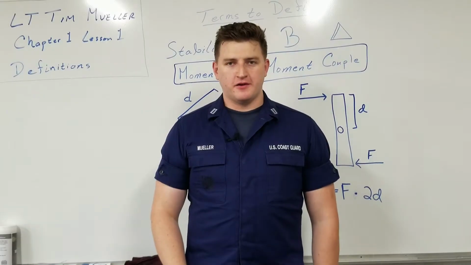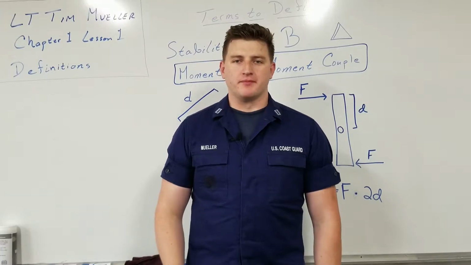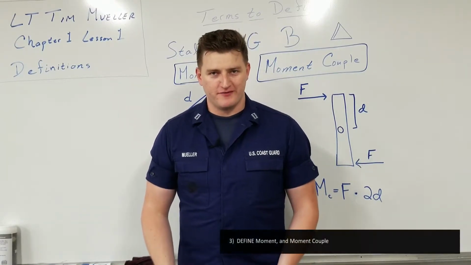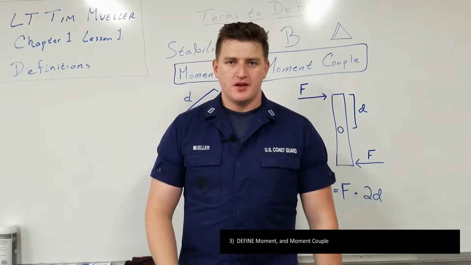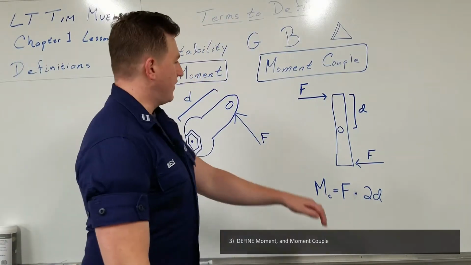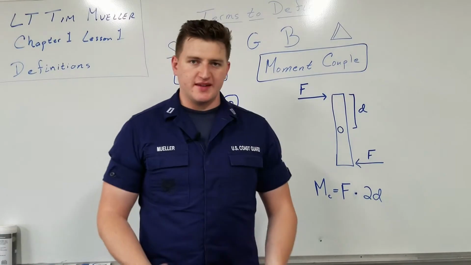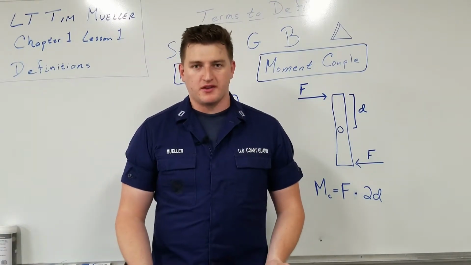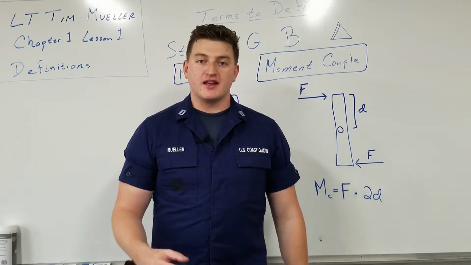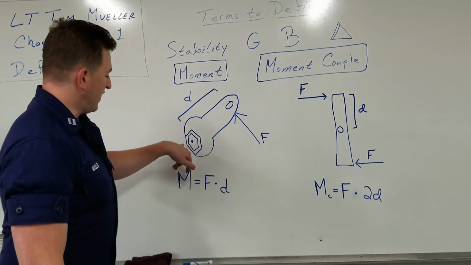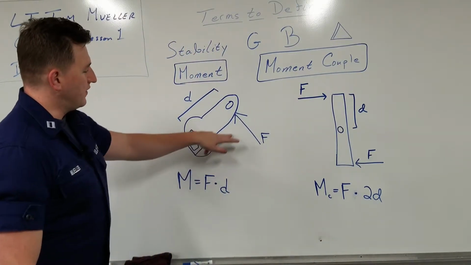Now the final two terms we're going to look at are moment and moment couples. I've already talked about it a little bit in this video, as well as all of chapter 0, so let's quickly brief what they are. Moment is a force times a distance. The most common example I always give people is think about a wrench and you're trying to get a bolt out. You have a bolt here, and this is the wrench.